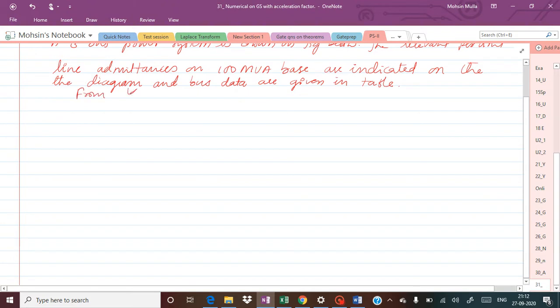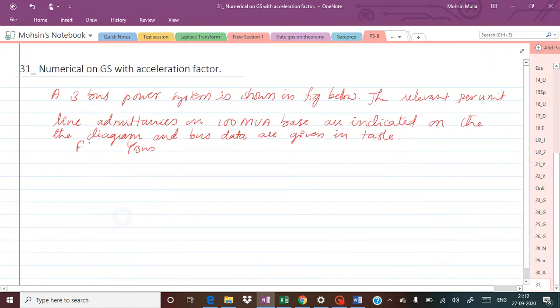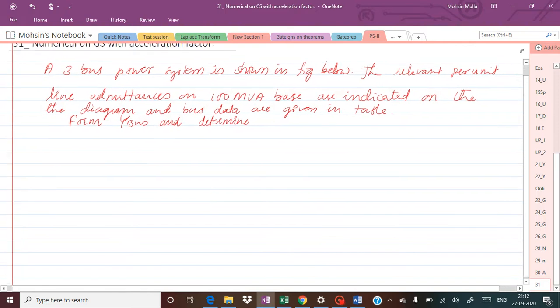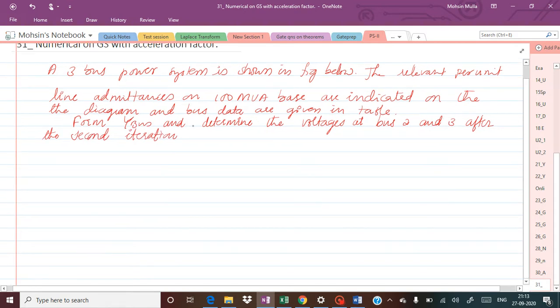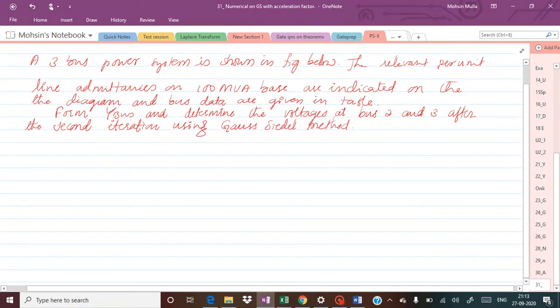From Y bus, determine the voltages at bus 2 and 3 after the second iteration using the Gauss-Seidel method.